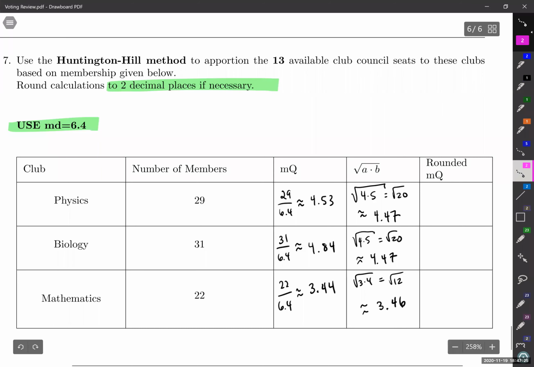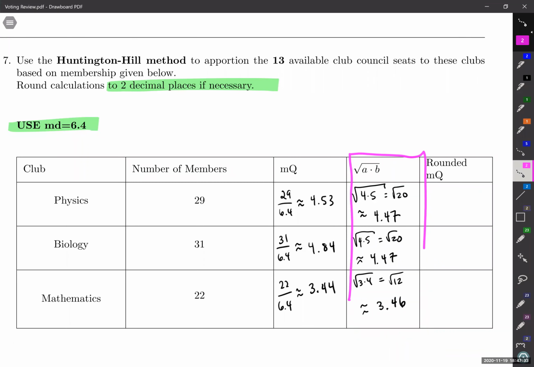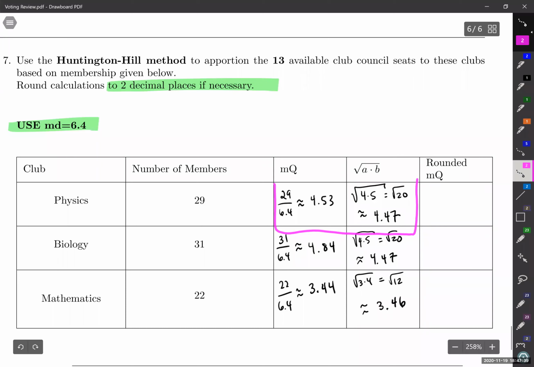So this is the one thing to remember with the Huntington-Hill method. Any questions here? If not, then let's talk about the final rounding decision. What you do is you compare each row at a time. You look at the actual value of interest, and you compare it to the square root of AB value.